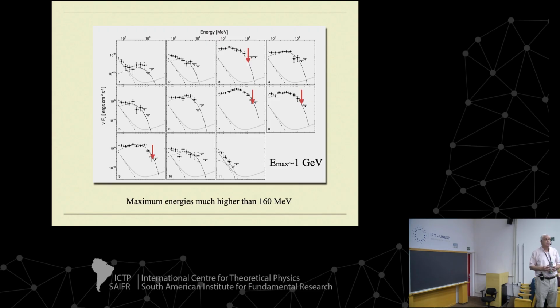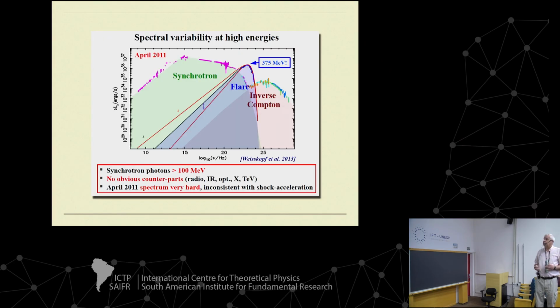How is that possible? The only possible answer is that in the system, for a short lapse of time, ideal magnetohydrodynamics was not occurring. There was a violation of this situation. So this indicates that the source should have been magnetically dominated in that period.